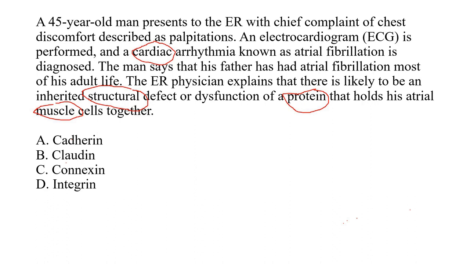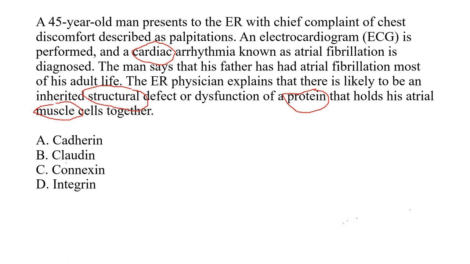So we know that in biological terms, electricity is carried through cells by ions, especially excitable cells like nerves and muscles. Well, this is a muscle, so we're looking for something that's going to be associated with ion movement. We know that cardiac muscles have a special structure known as an intercalated disc. You must know that.